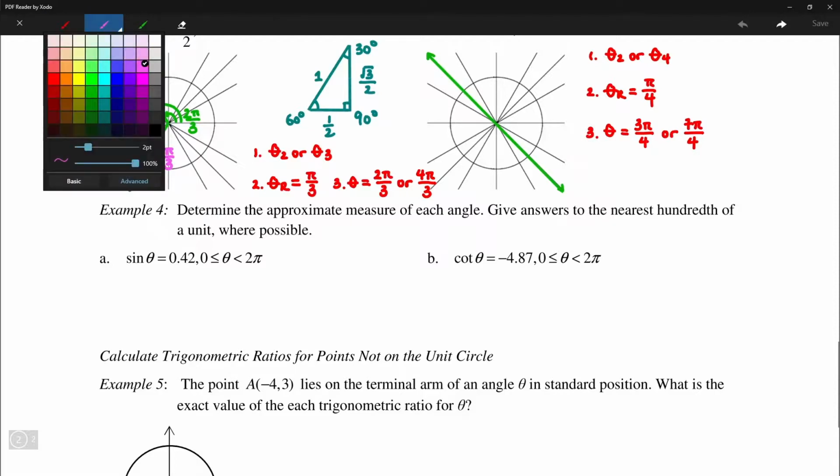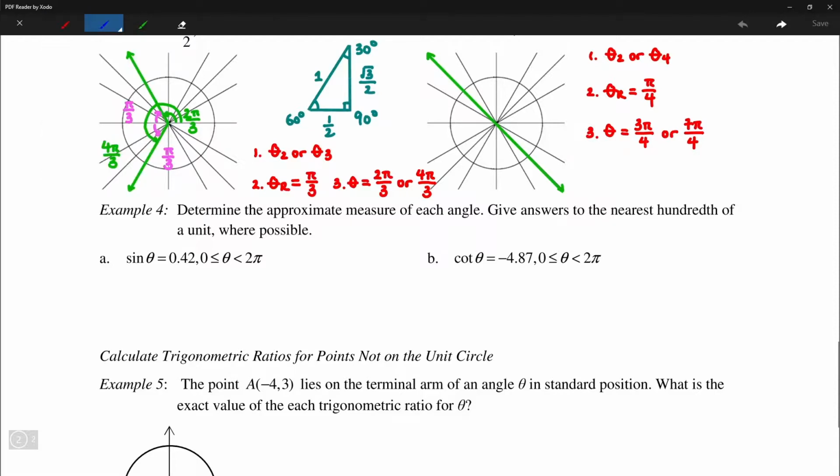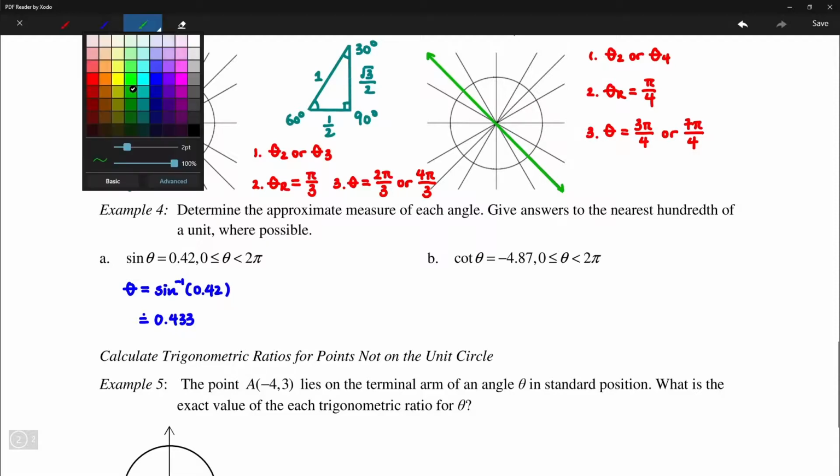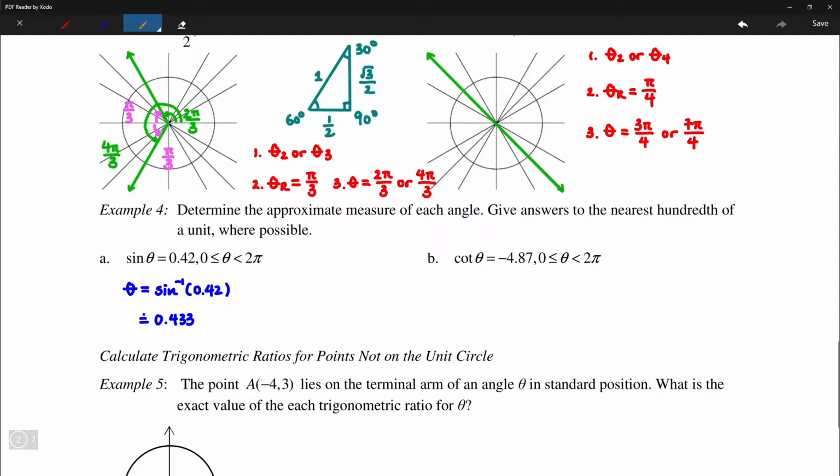I'm just going to write this in a different color though. So theta is going to be equal to arc sine 0.42. Now this is going to give us the quadrant 1 answer of 0.433. Again, that is approximated. We rounded here. And this is in quadrant 1.